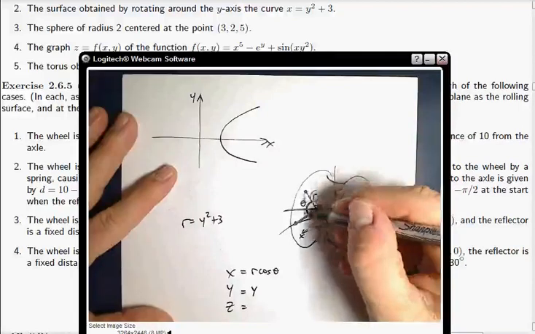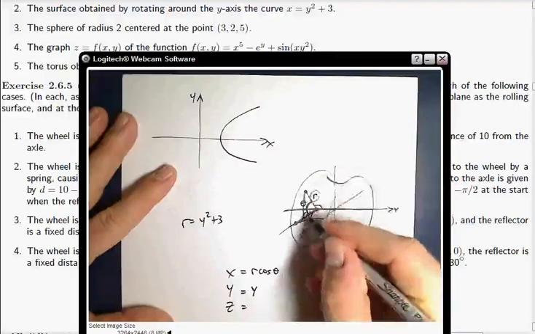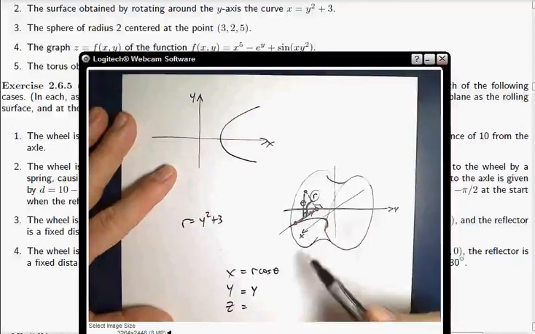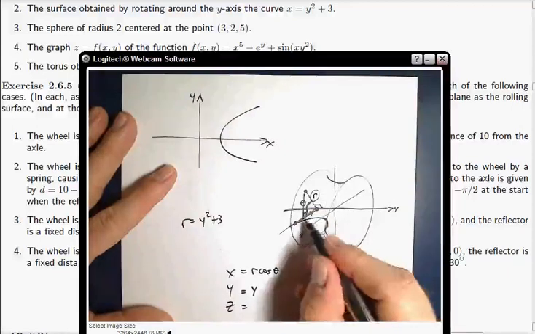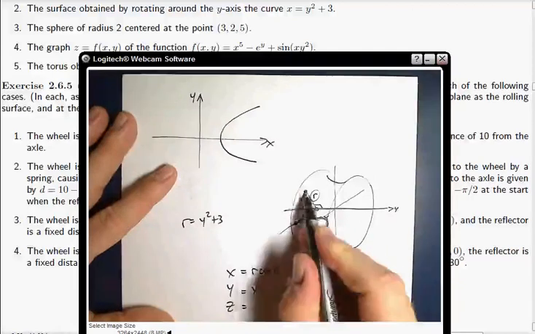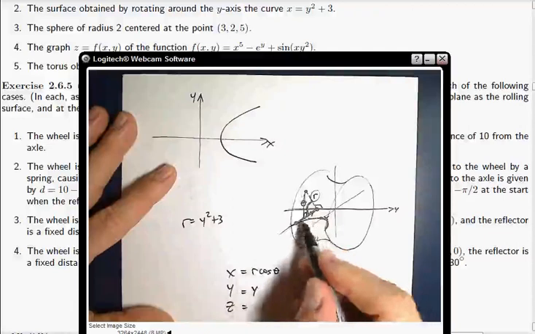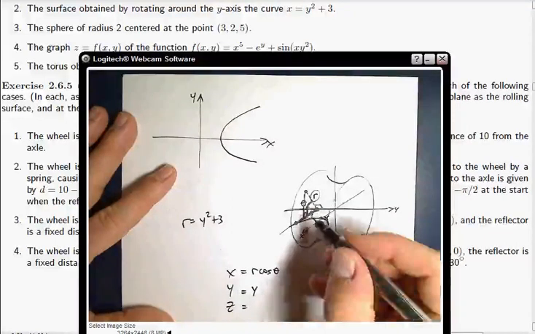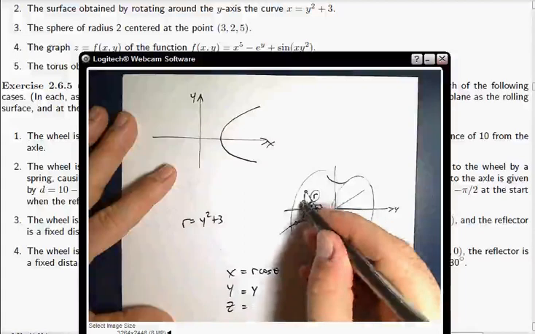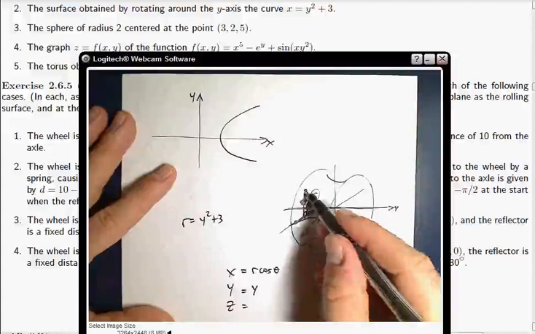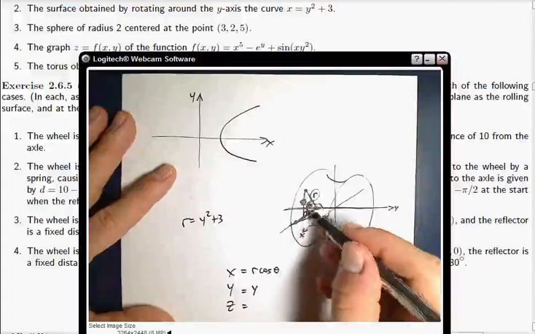Because look at this little right triangle here. In that little right triangle, the value of x for that point is that distance, and this is the angle theta right there. x is r times the cosine of that angle.